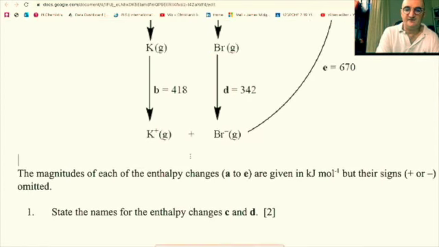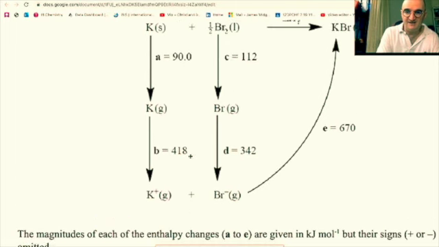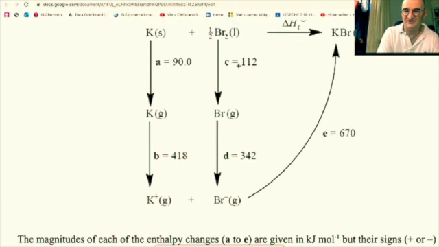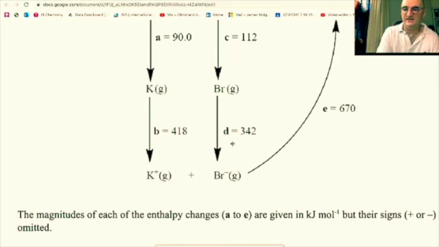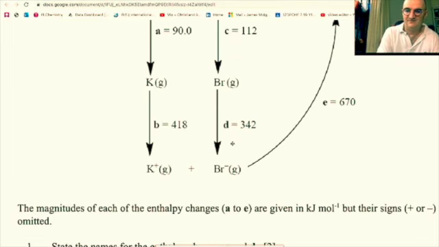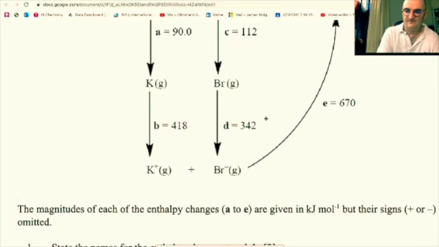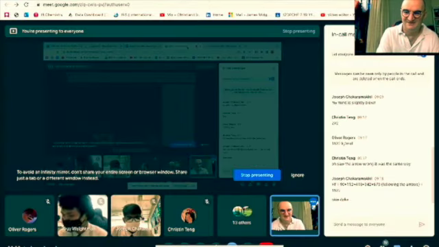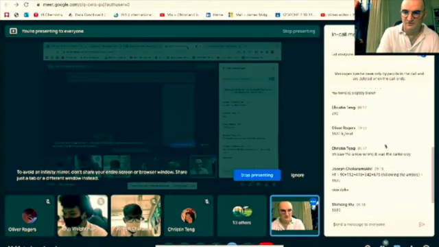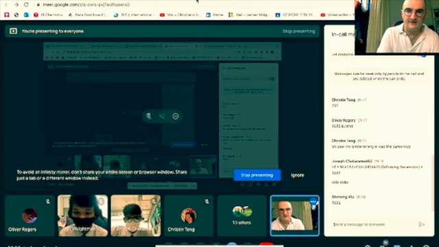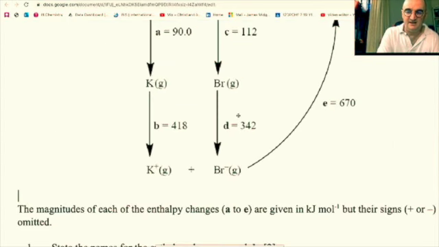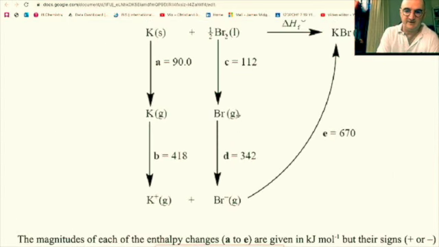So, state the names of the enthalpy changes C and D. What is enthalpy change C? We've just done that, it's atomization. What's D? Well done, Shimei. D is the, somebody say it please, for the sake of my sanity in the lesson.